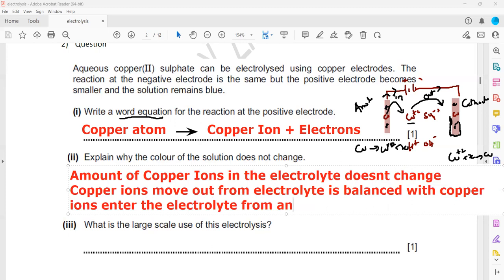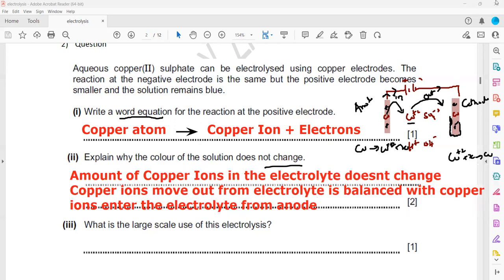So the number of ions entering and leaving is the same. That's why there is no change in the amount, or there is no change in the color of this electrolyte.